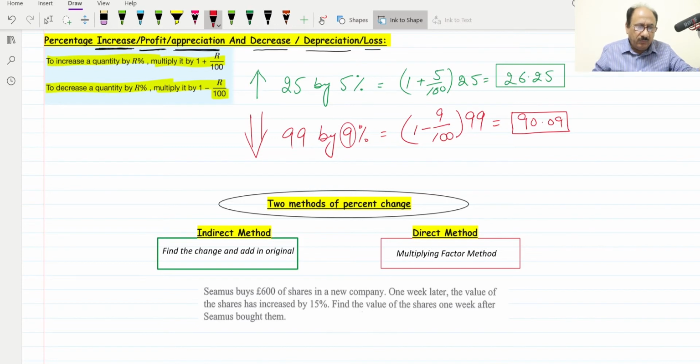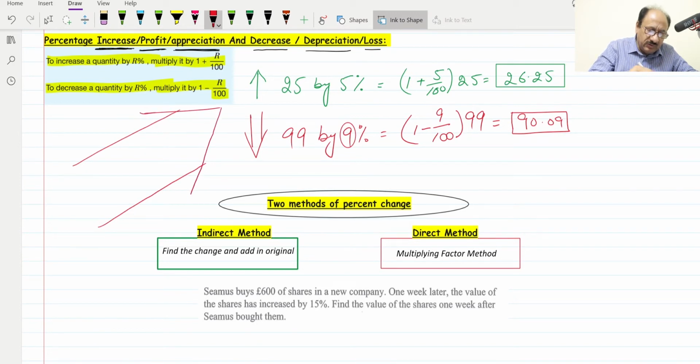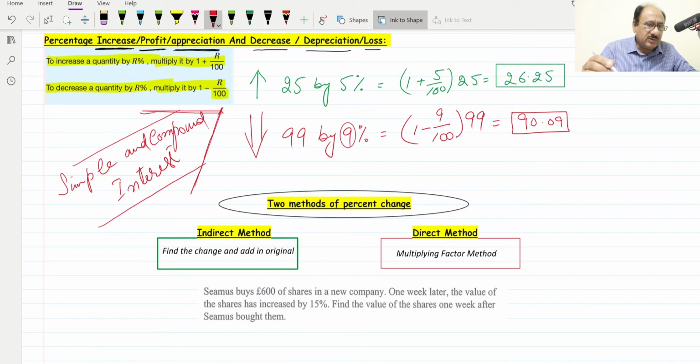Now, one more thing you will have to keep in mind: this method which we have discussed over here is very, very important, because this will be used in simple and compound interest calculation.